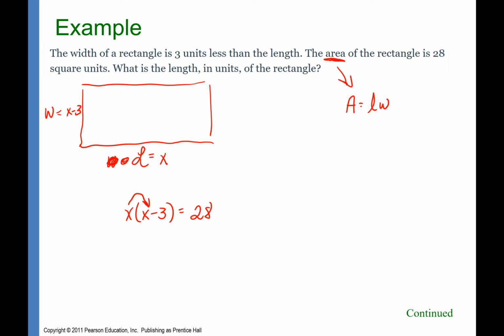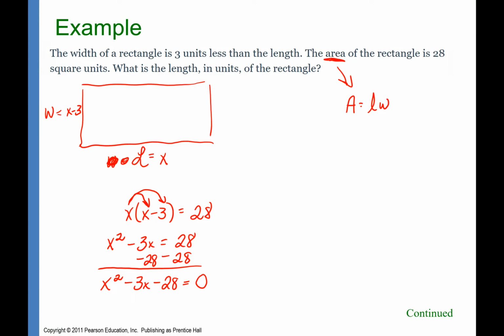So we multiply x times both terms. x times x is x squared, minus 3x equals 28. Subtract 28 over, and I get x squared minus 3x minus 28 equals 0.